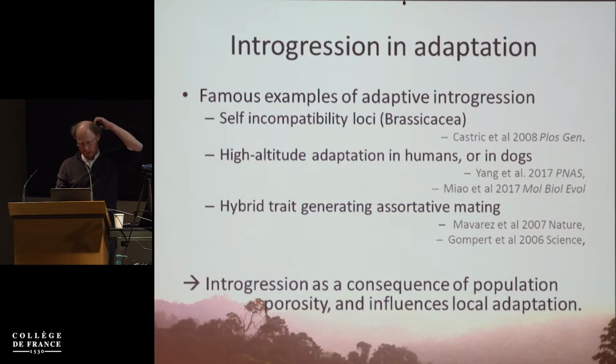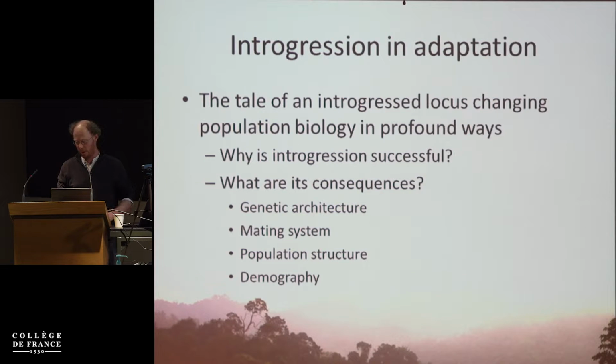But all of these see introgression as a consequence of population porosity and population contact and how it influences local adaptation. And I'm going to try to tell you a different story today, where it's actually introgression which causes differences in population functioning. So I'm going to tell you about an introgressed locus which changes population biology in fairly profound ways, at least this is how we see it.